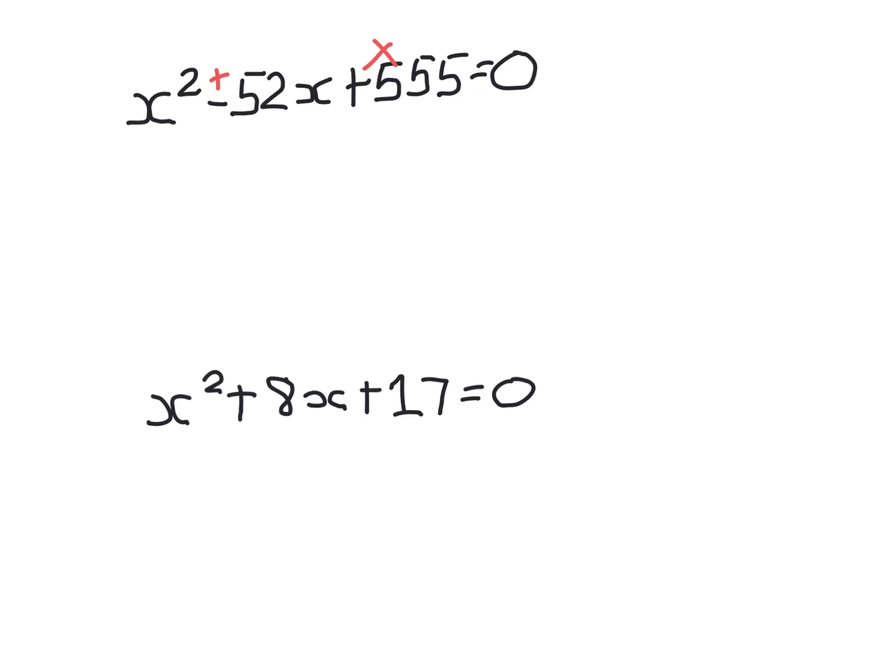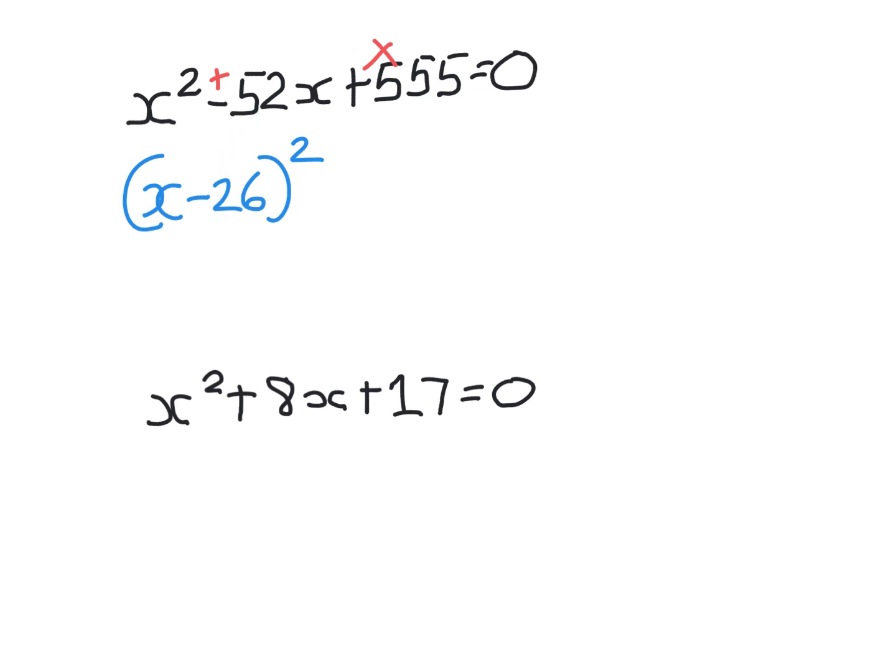So to get around that, we can use completing the square. So to do completing the square, we want to write it as x plus or minus something squared. So we're going to write it as x minus 26 squared. Why did I choose negative 26 of all numbers? It's half this coefficient. This coefficient is negative 52. Half of it goes inside the brackets.